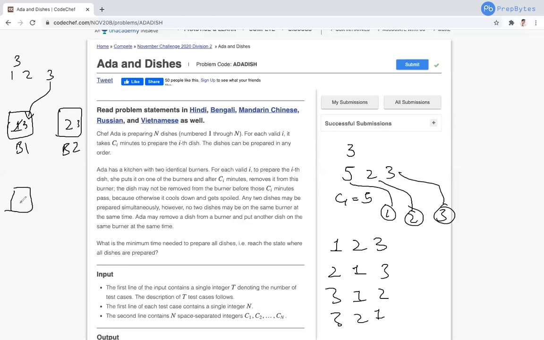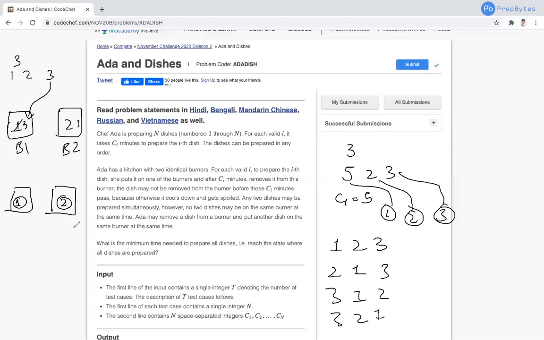If there are two burners B1 and B2, I can prepare dishes at the same time on both burners, suppose dish 1 on burner 1 and dish 2 on burner 2. But we cannot prepare more than one dish on the same burner at the same time. This is what the last 2-3 lines mean.